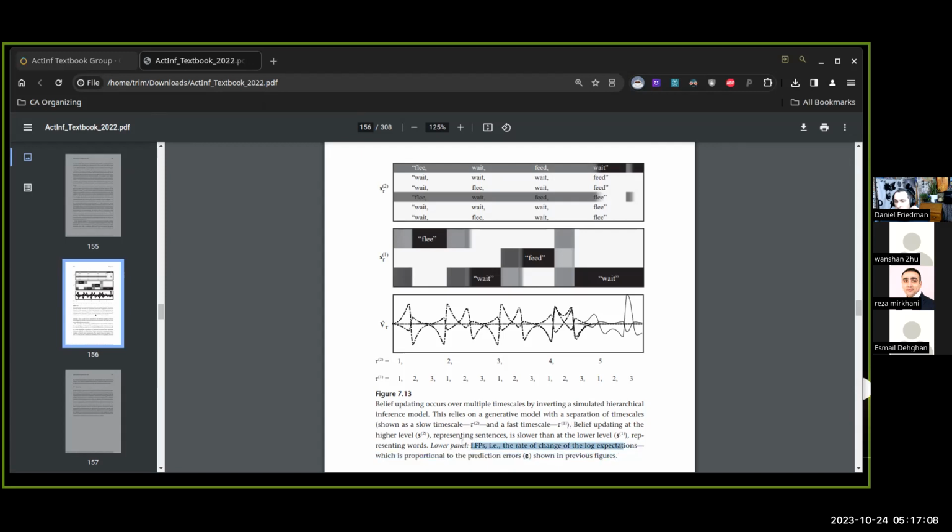Yeah, so neurobiologically they analogize this to the local field potentials, which is like an EEG recording. But just statistically, it's the rate of change of log expectations. So using message passing, they can continue to run message passing.